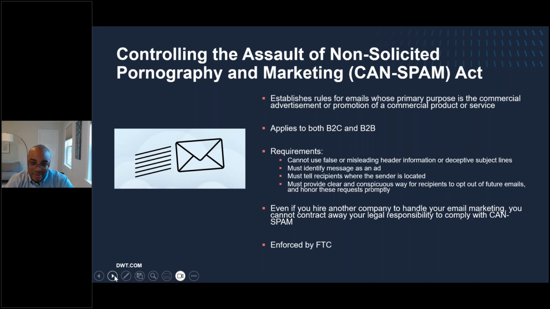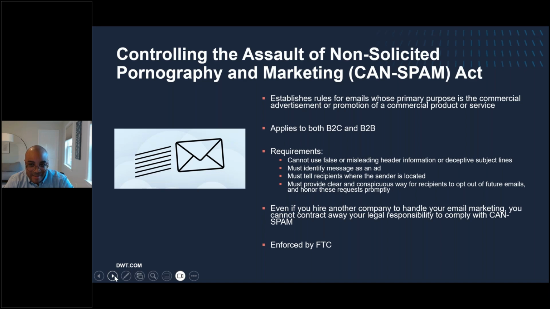It is required to identify the ad as an ad or some other kind of commercial communication. You have to tell recipients where the sender is located, and there has to be a way for recipients to opt out of future communications, and the company has to honor those requests promptly. I'm sure you've seen these unsubscribe toggles on emails, you're required to respond to that accordingly, and therefore respect the opt-out.